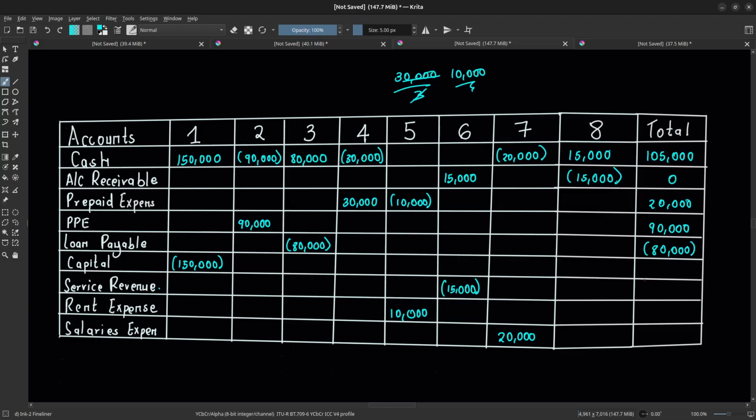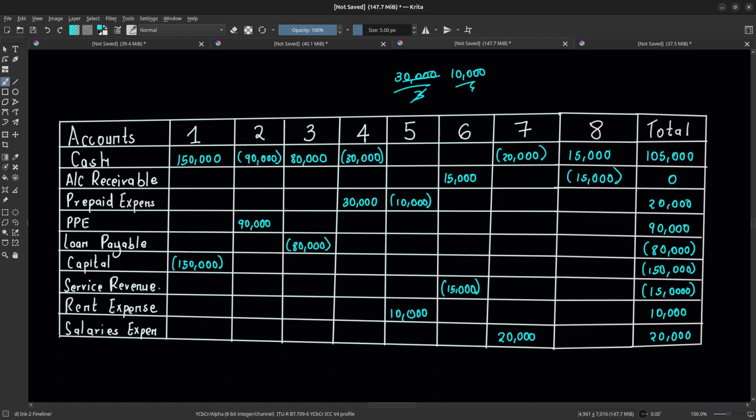Then for the capital, we have a credit of 150,000. Then for service revenue, we have a credit of 15,000. And then for rent expense, we have 10,000. And salaries, we have 20,000.